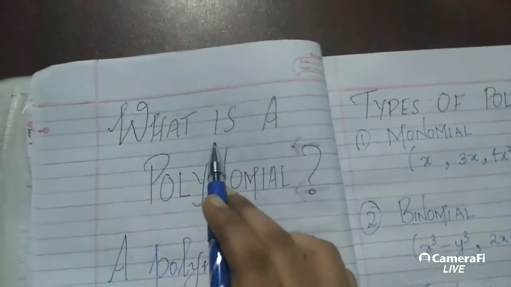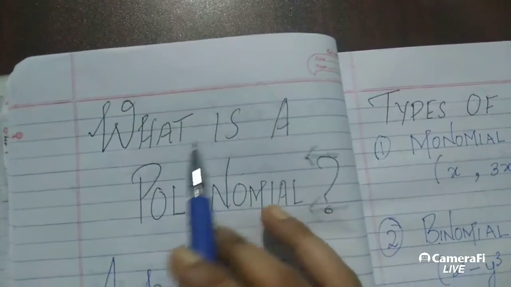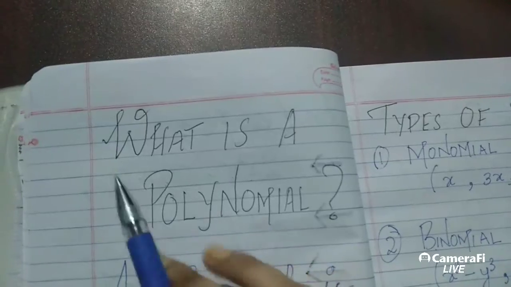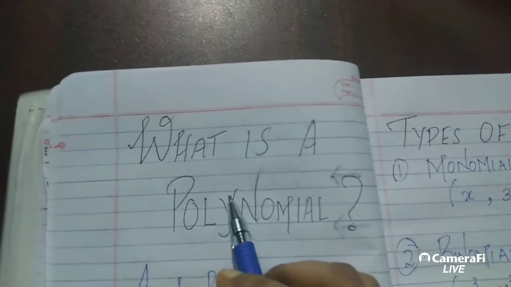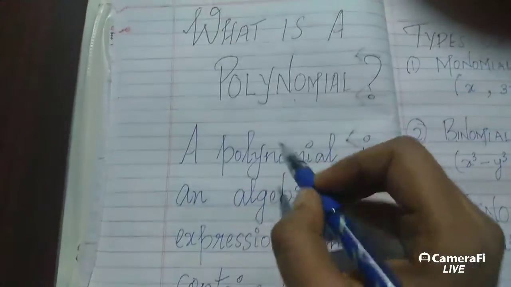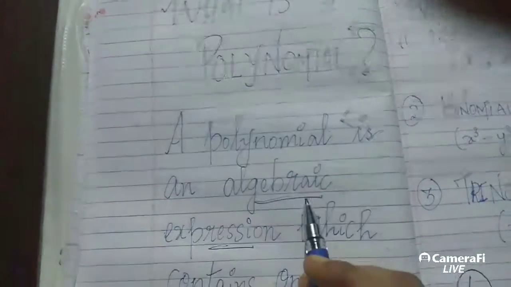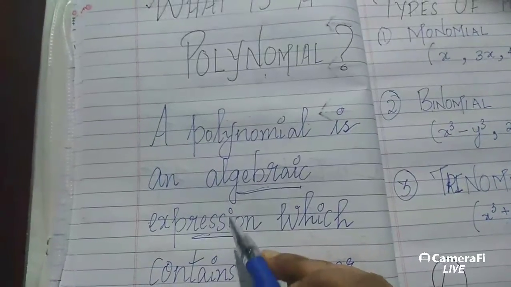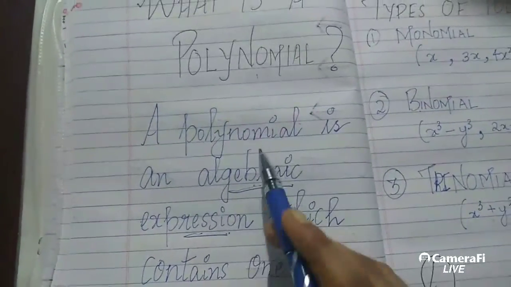Now I'll tell you what is a polynomial and why I've told you so much about algebraic expressions. Now you'll understand why I've said so much, not so much, very less about algebraic expression. Actually, a polynomial is an algebraic expression. That is why I first explained about algebraic expression.